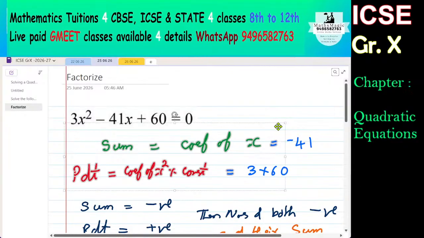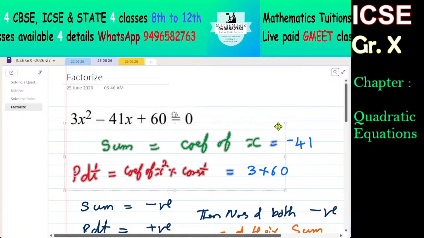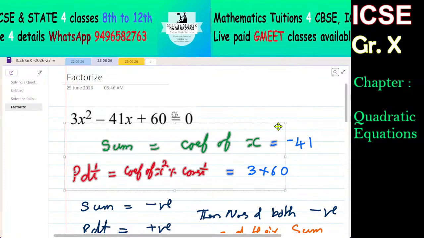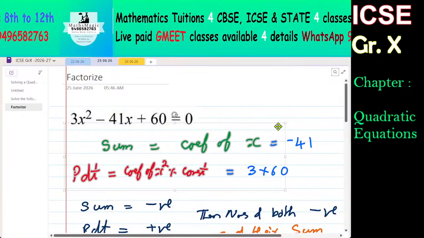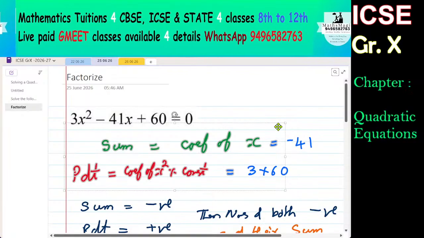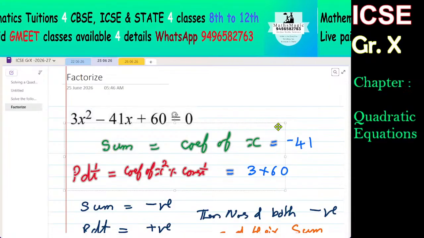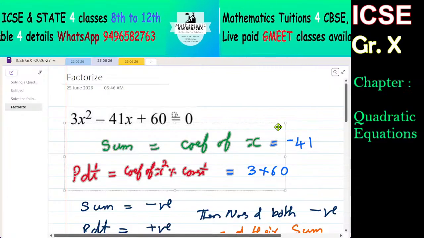So in the last class we discussed how to factorize quadratic equation with coefficient of x squared other than unity. So in that case we have to consider sum as the coefficient of x and product as coefficient of x squared into constant term.